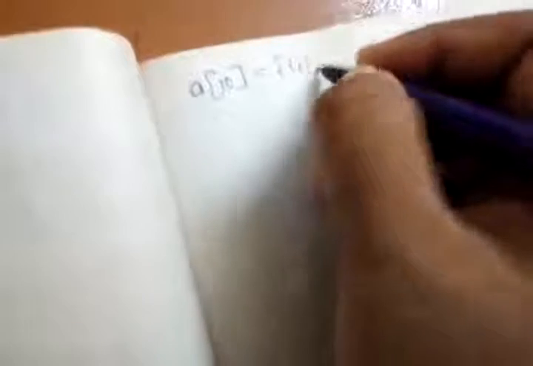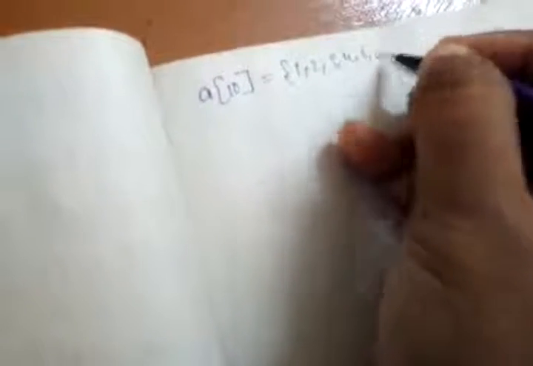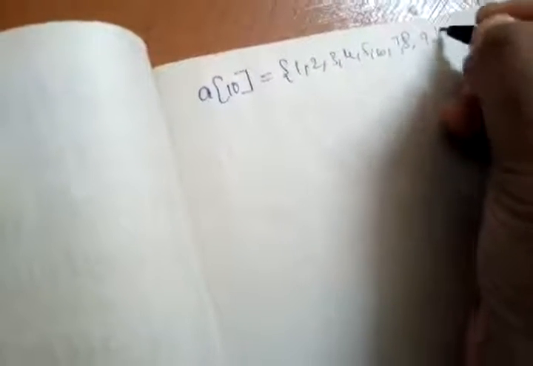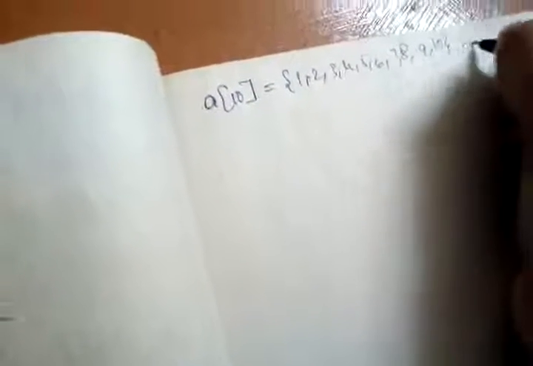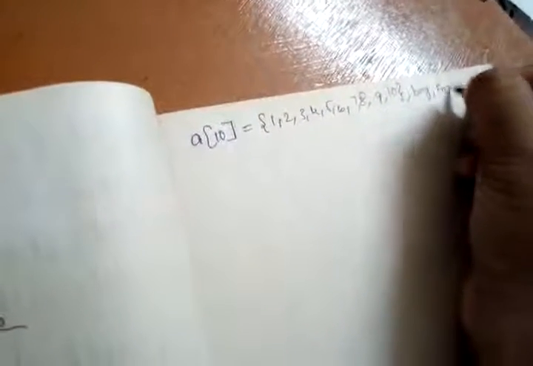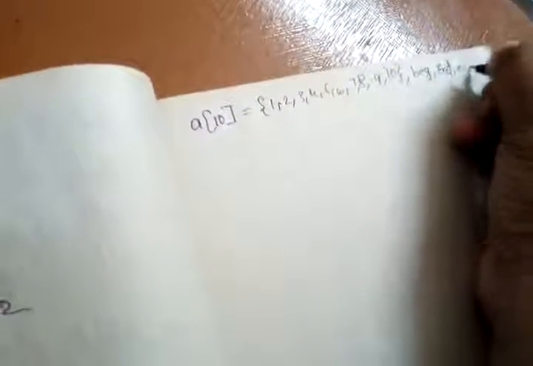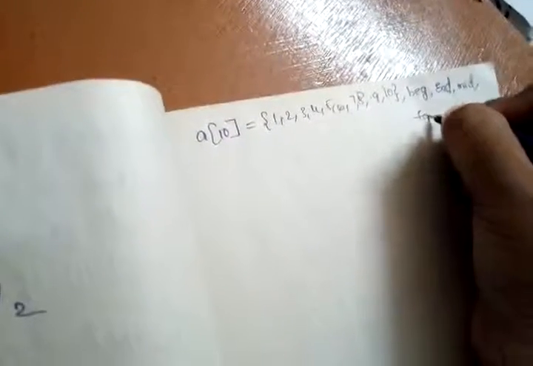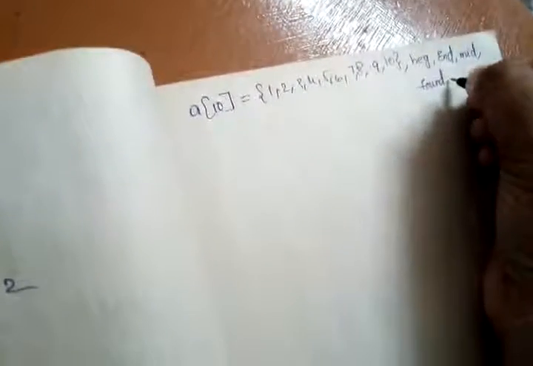Say for example, I'm taking an array A of 10 values: 1, 2, 3, 4, 5, 6, 7, 8, 9 and 10. Then a beginning index variable, an end index variable, a mid index variable, and a variable to make sure whether the element is found or not, initialized to 0.